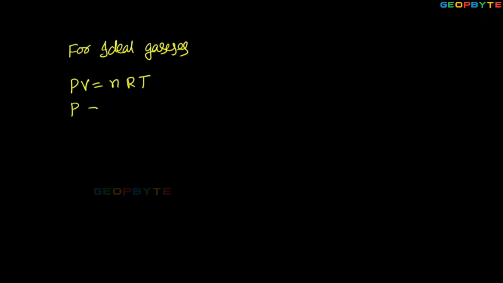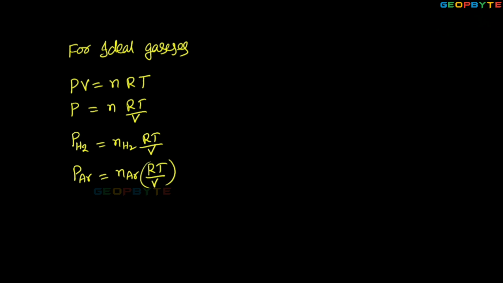From this, I can write P equal to n RT by V. Then pressure of the hydrogen equals number of moles of the hydrogen into RT by V. Pressure of the argon equals number of moles of the argon into RT by V. RT by V remains the same for both hydrogen and argon. Therefore, net pressure equals pressure of the hydrogen plus pressure of the argon.